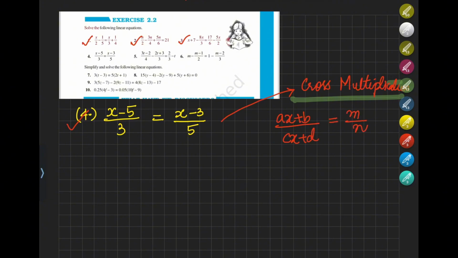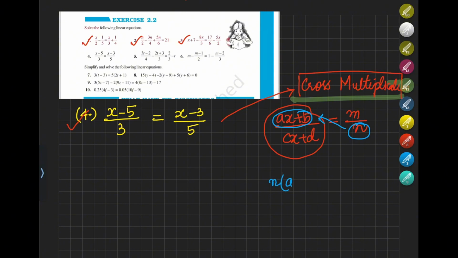Now, this equation is not a linear equation, since the expression on the left hand side is not linear, but we can see that the equation can be reduced into the form of a linear equation by using a method called cross multiplication. So how do we do that? We simply multiply the denominator of the RHS with the numerator of the LHS.